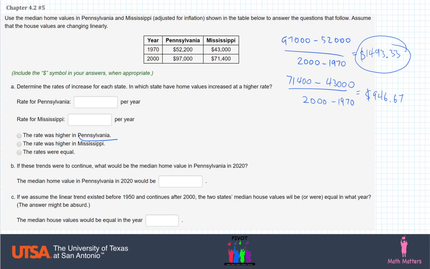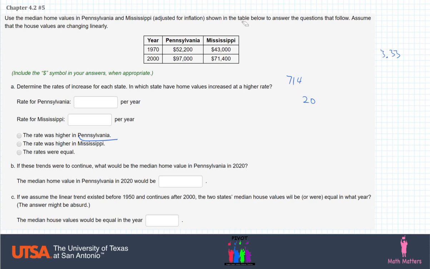And part B asks, if this trend were to continue, what would be the median home value in Pennsylvania in 2020? In order to find that, you just need to multiply the monetary value of each year, 1493.33, by 20. And the way I decided to do this was add it to the 2000 year rate, because it's asking for 2020.